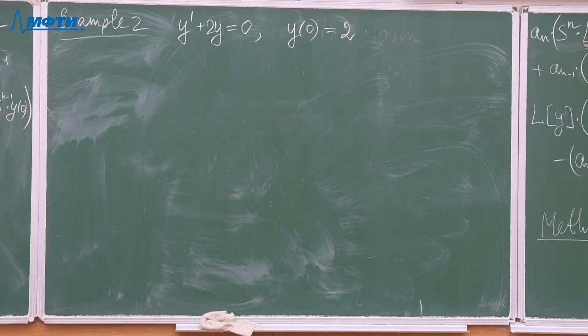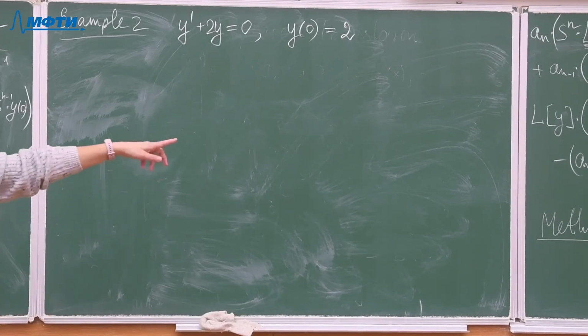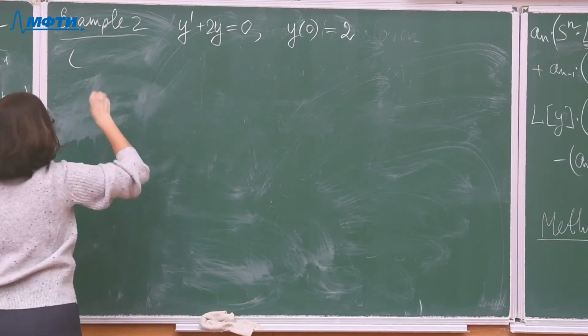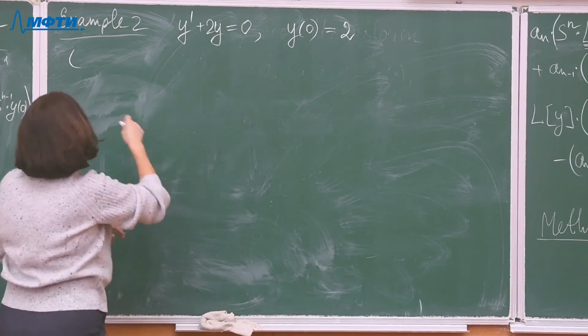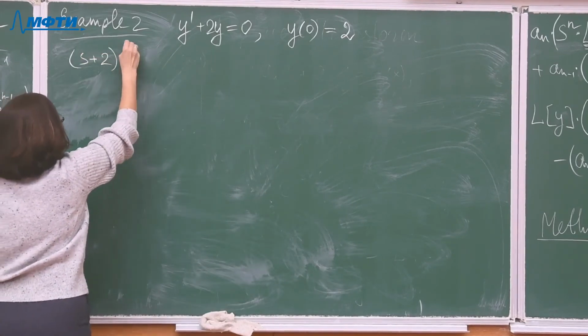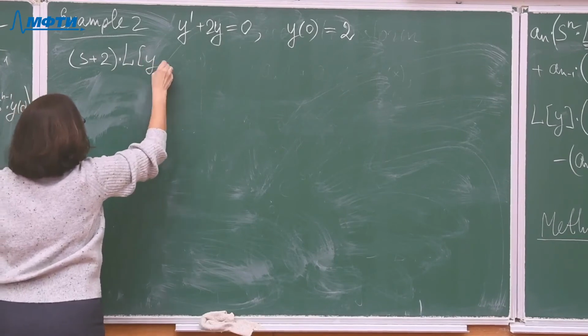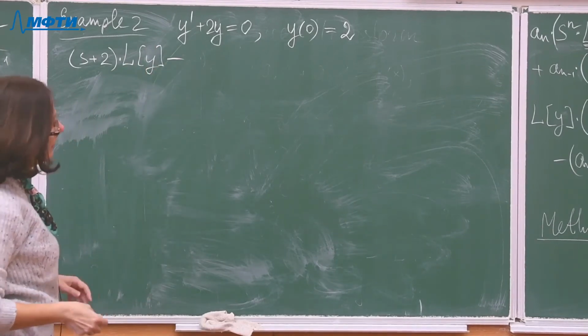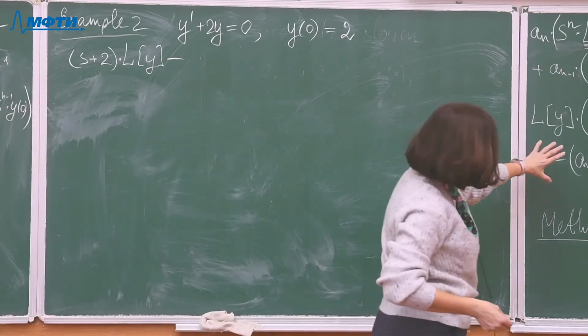By the formula written there, the characteristic polynomial, that is s plus 2, is multiplied by L of y, minus, okay, what about this part?